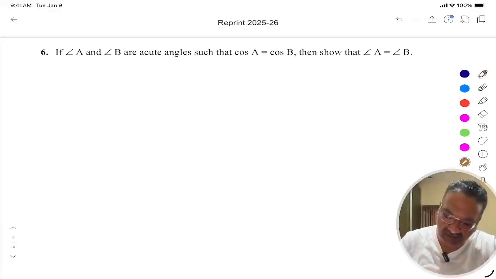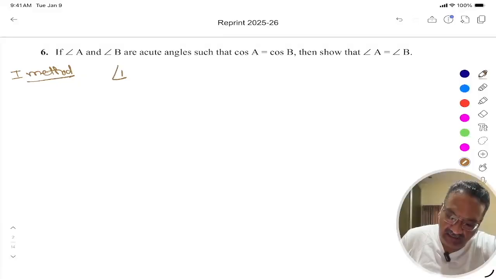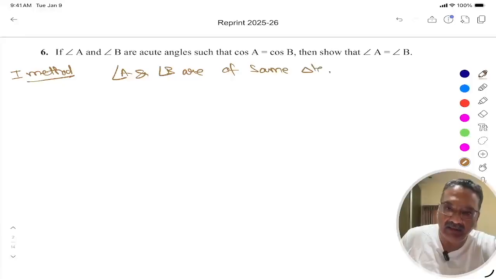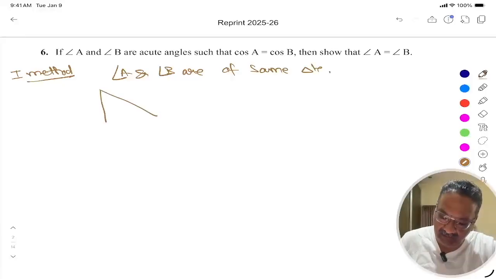So in the first method, what shall we do? First we will assume, in the first method, that angle A and angle B are of the same triangle. Let us assume it is one triangle. What does that mean? We have triangle ABC.